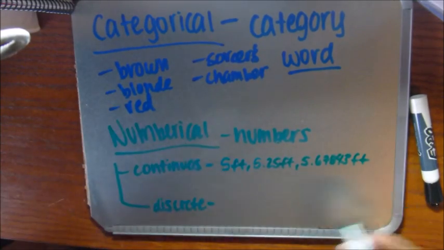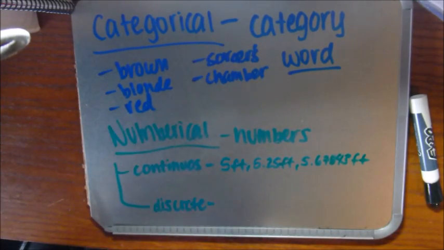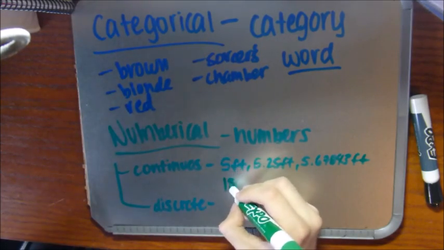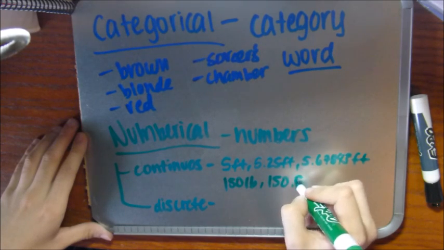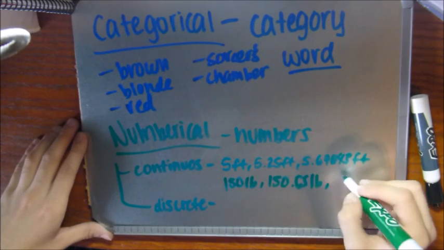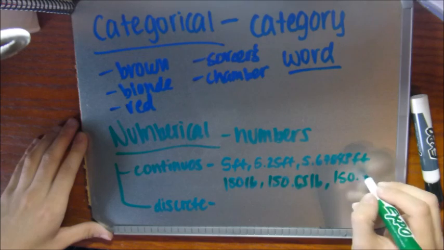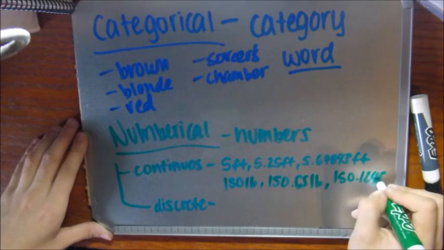See how the numbers just can keep going. Another example of continuous data would be weight. You could be 150 pounds, 150.65 pounds, 150.1246. You get the idea.